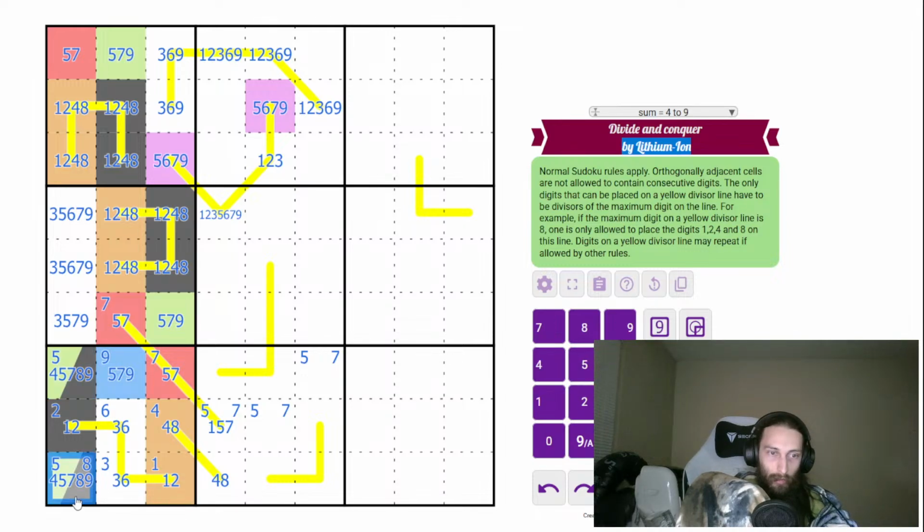Well, you can't put the 8 next to the 9. Yeah, green would be 5.